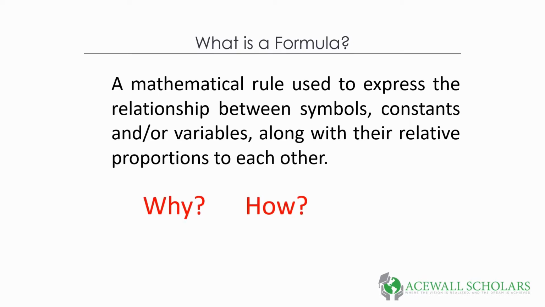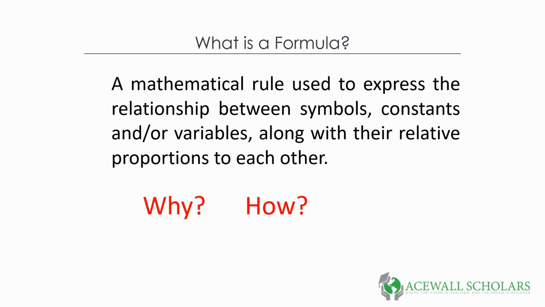All right, so why or how is this important? Well, there are times that we'll have a formula and we need to solve for a particular variable that's in the formula, and the equation is not necessarily set up to know exactly what that variable is equal to. So we're going to have to move things around so that we can see specifically what the variable is equal to.